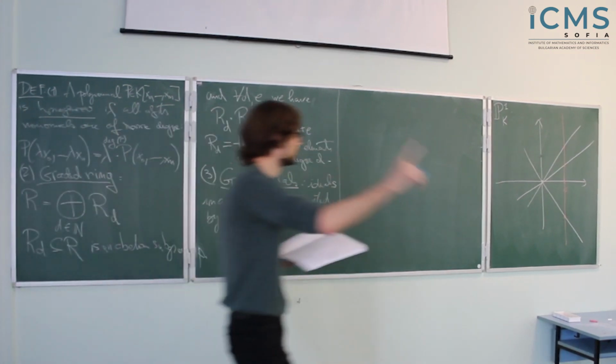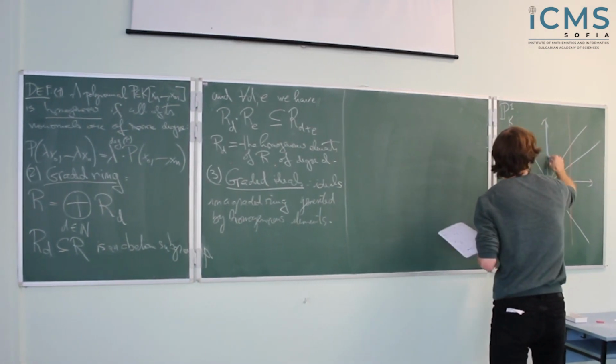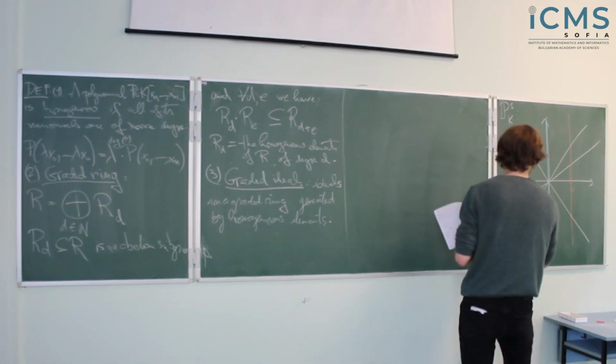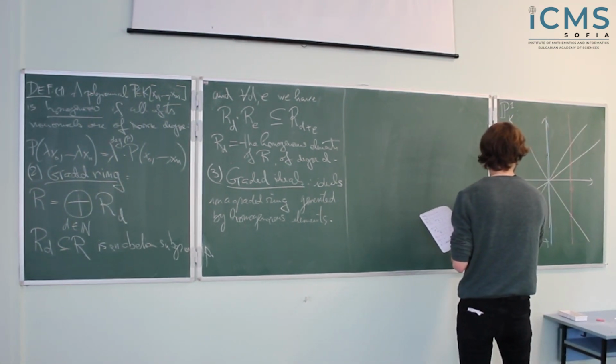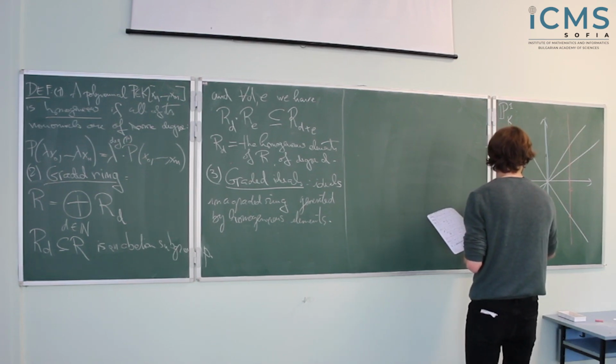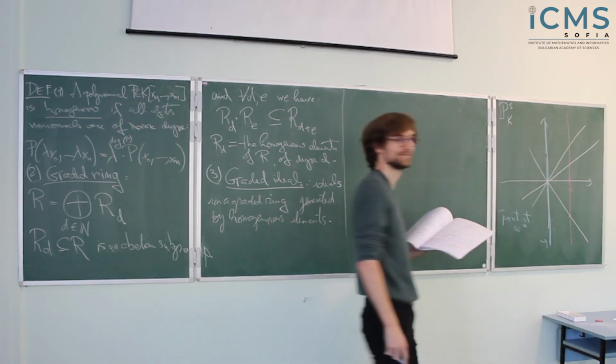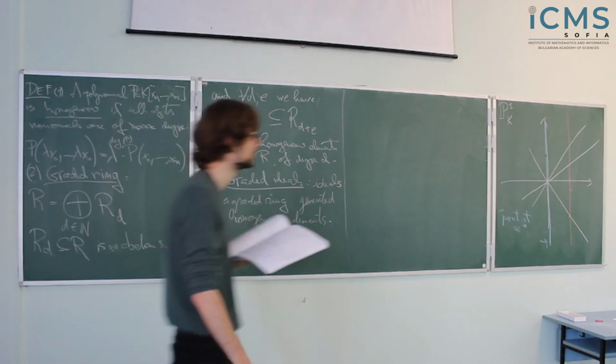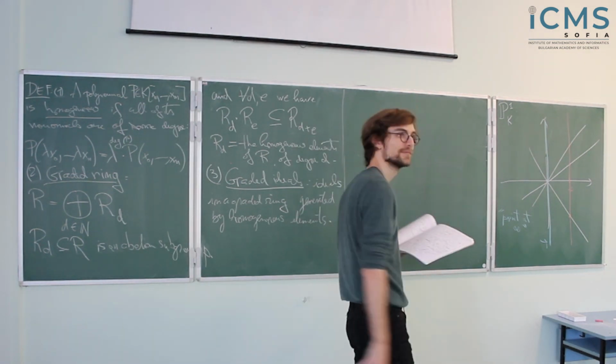But this line here, which is defined by x equals 0, does not correspond to any point on the pink line. So you can think of P1, the set of all lines through the origin, as the union of A1, which is the pink line, and that line x equals 0.